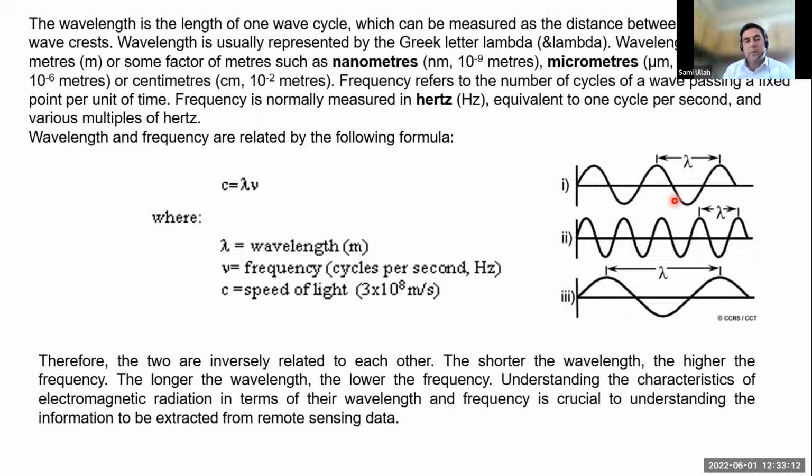We will discuss that later on. That's the reason that some radiation cannot reach the ground and remains in the atmosphere, because of the shorter wavelength. The radiation which reaches the ground does so only because of having a longer wavelength.